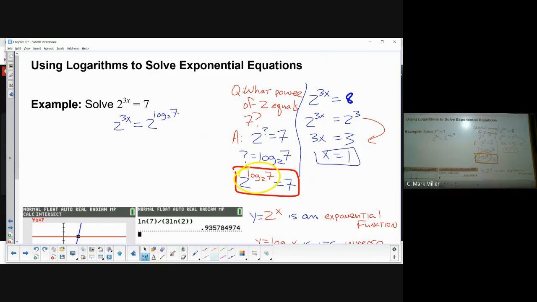However, now look what we have. You remember how we solved them over here? We got equal bases. That meant equal exponents. Equal bases, equal exponents. Here, we have equal bases. So here, equal bases.